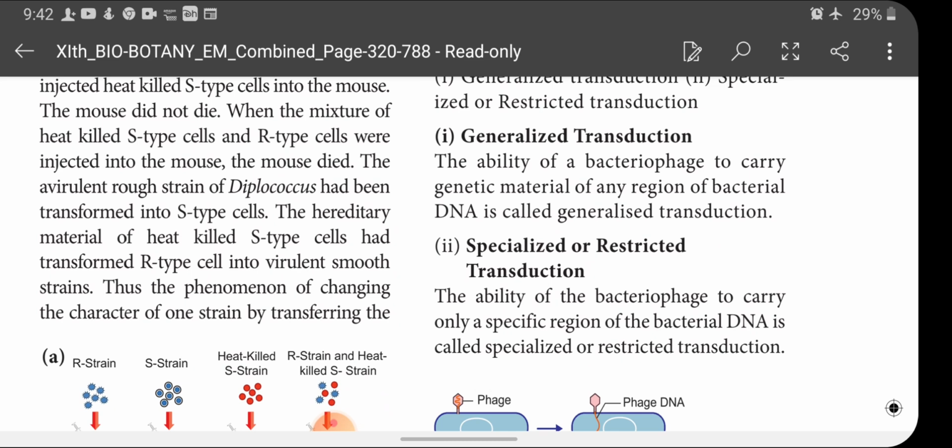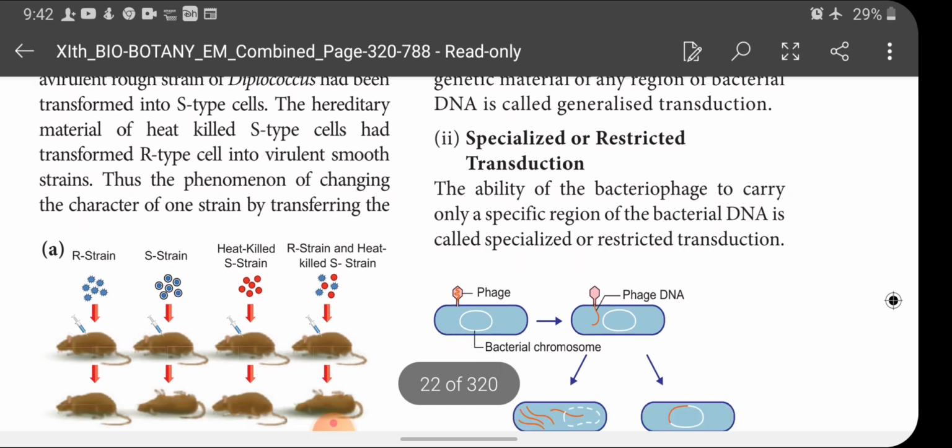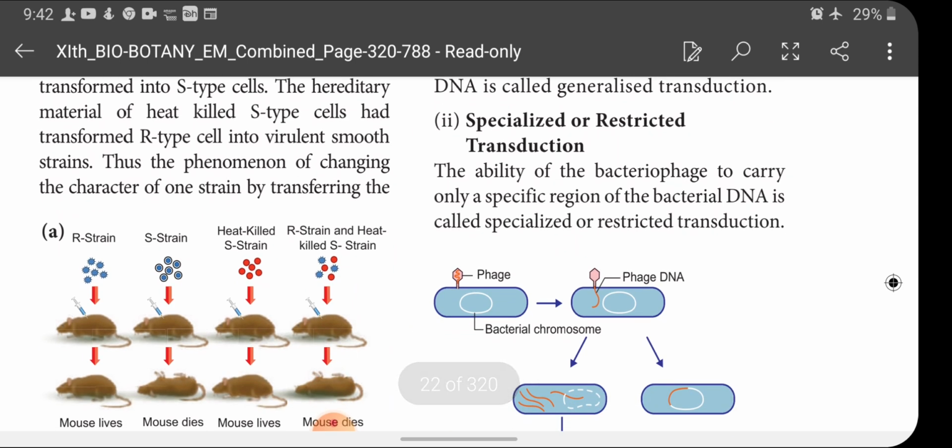What is meant by specialized or restricted transduction? The ability of the bacteriophage to carry only a specific region of bacterial DNA is called specialized or restricted transduction. So these are the two types of transduction.